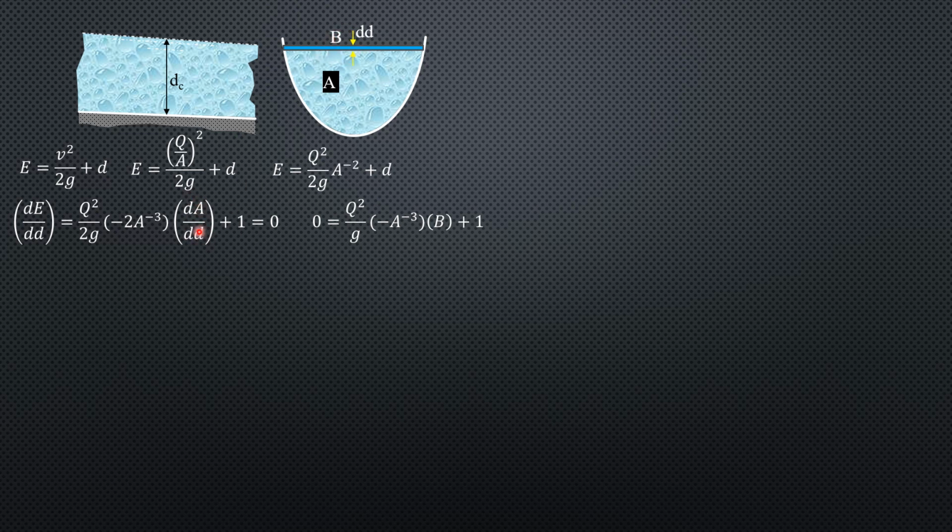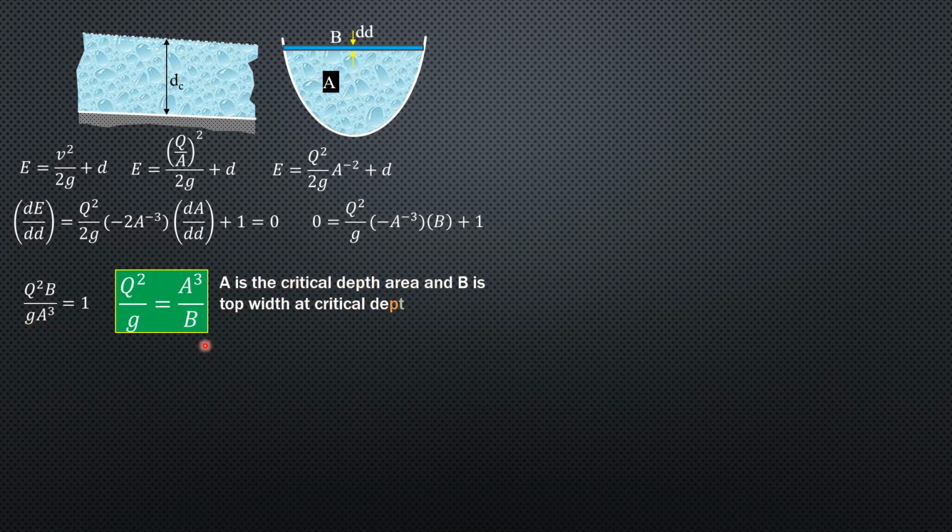So this is equal to the top width B, plus 1 equals 0. Transposing to the left, we have Q squared B over g area cubed equals 1. Then rearranging to form the critical depth formula, Q squared over g equals area cubed over B. This was the formula earlier introduced, where area is the area at critical depth and B is the top width at critical depth.